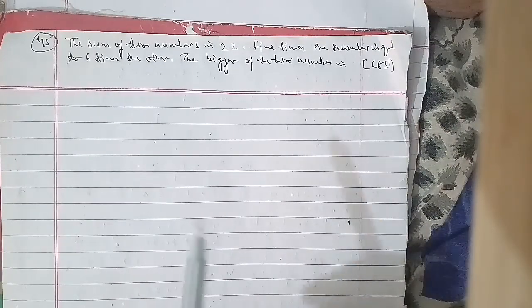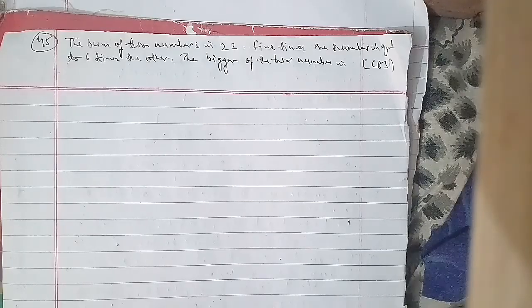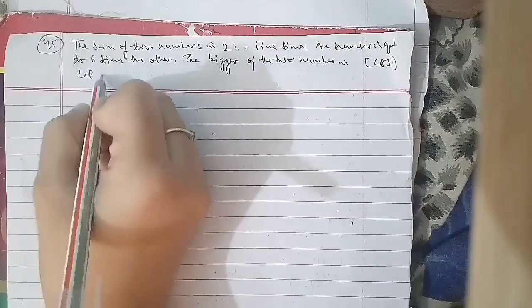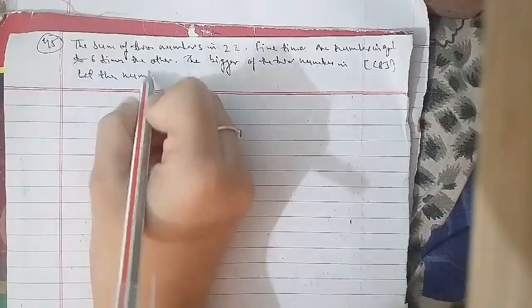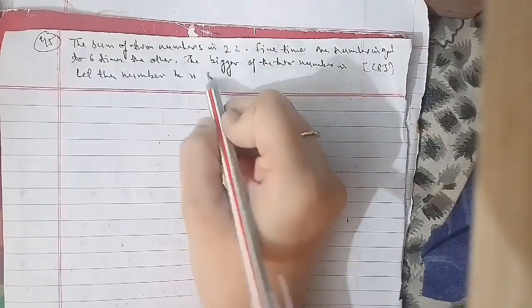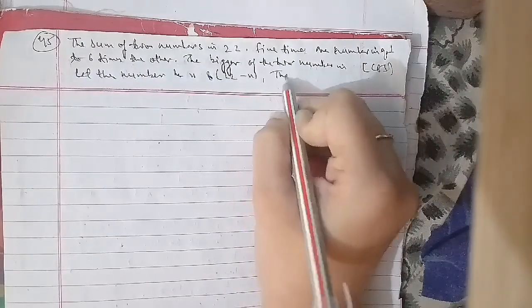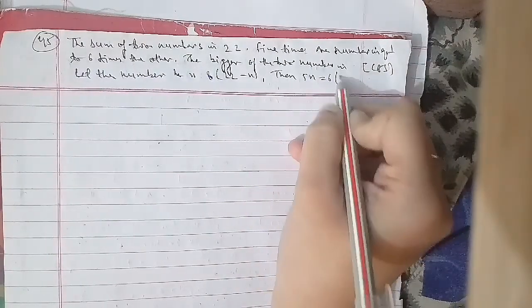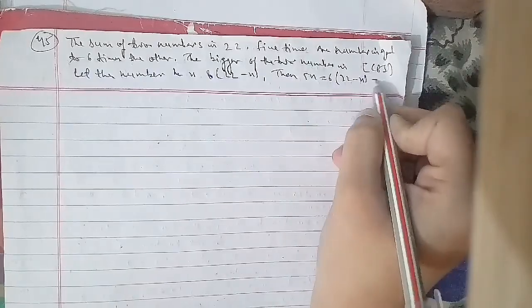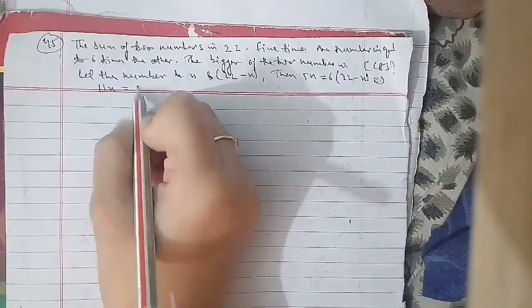If 35 is added to the first number, it becomes 4 times the second number. The second number we have to find out.